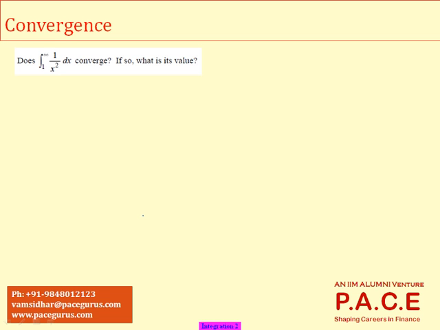Very simple. Do the integration as if it's not infinite, it's some other value. Now if the question is integral 1 to infinite 1 by x squared dx, all I will do is I'll not do the integration as 1 to infinite, or probably I can do it, that doesn't matter, right?